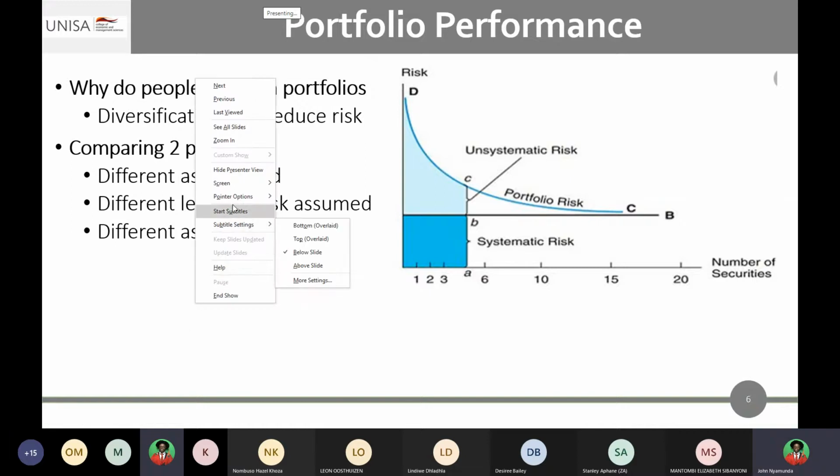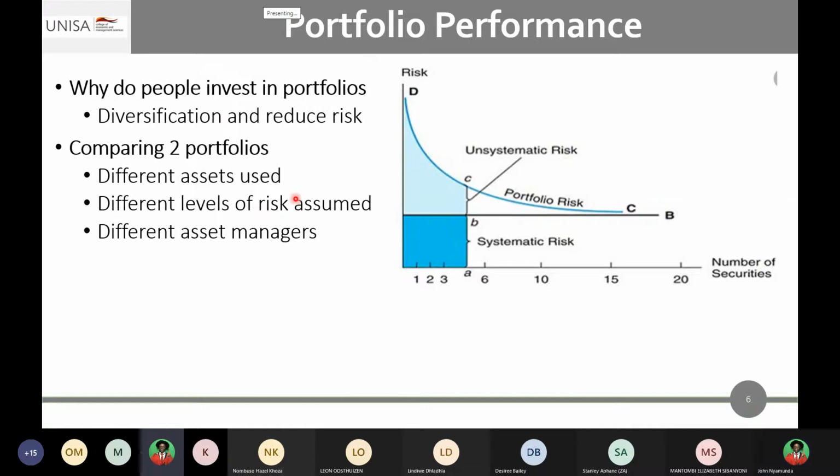Now, I want to talk very briefly, because I'm seeing my time there, about the relationship between unsystematic and systematic risk. This is a linear illustration of unsystematic and systematic risk. If you are holding one asset or one share, you are facing a lot of unsystematic risk.